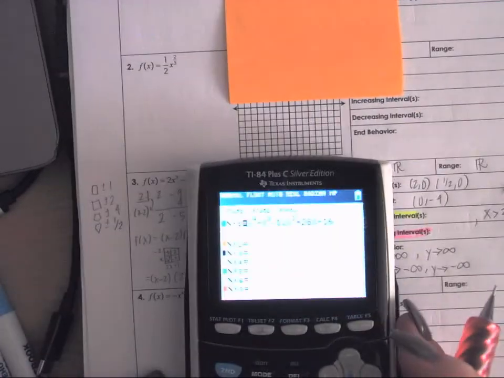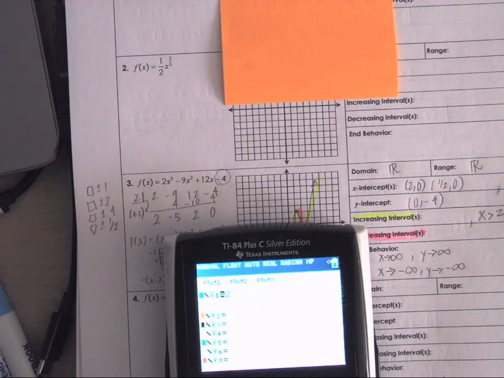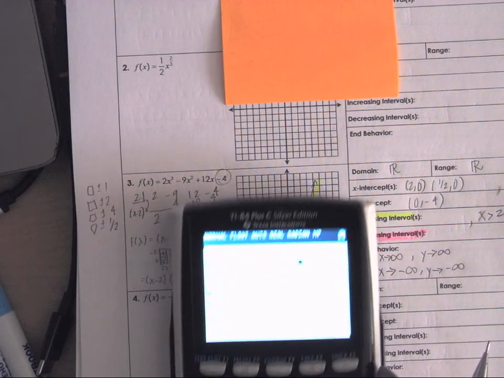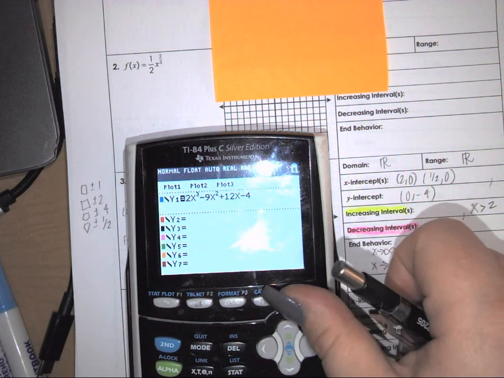2x cubed minus 9x squared plus 12x minus 4. So there's that. You graph it.